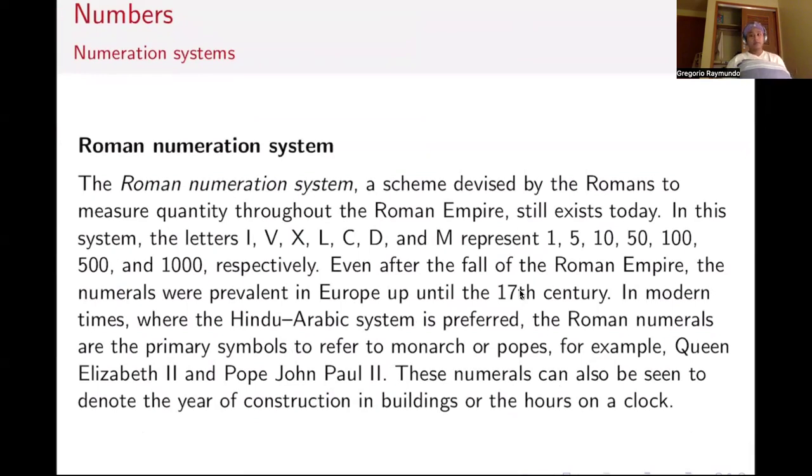Even after the fall of the Roman Empire, the numerals were prevalent in Europe up until the 11th century. In modern times, where the Hindu-Arabic system is preferred, the Roman numerals are the primary symbols to refer to monarchs or popes. For example, Queen Elizabeth II and Pope John Paul II. This numeral can also be seen to denote the year of construction in buildings or the hours on a clock.